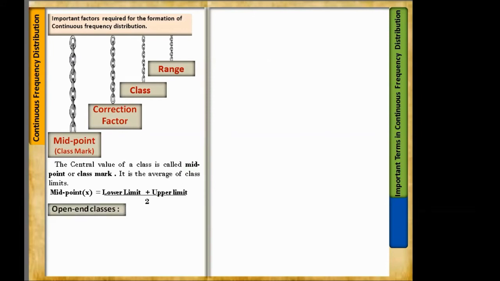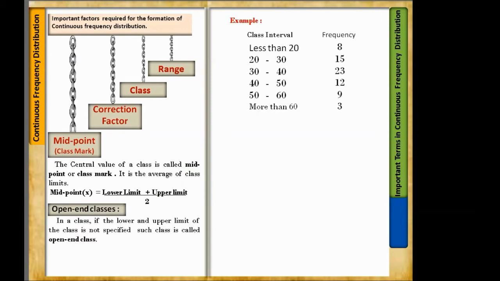Open end classes. In a class, if the lower or upper limit of the class is not specified, such a class is called open end class. The frequency distribution based on open end classes is called open end frequency distribution.